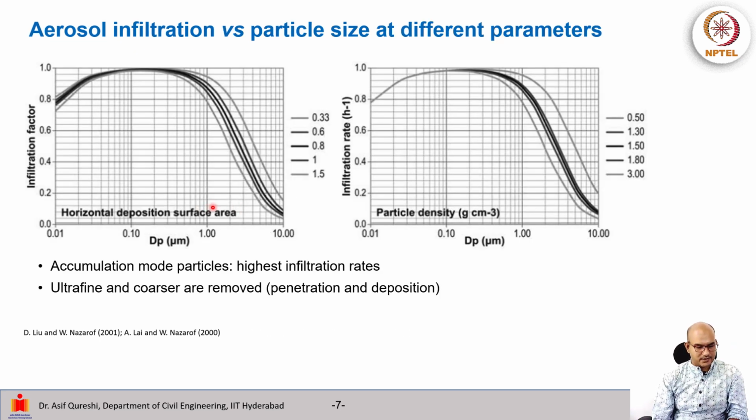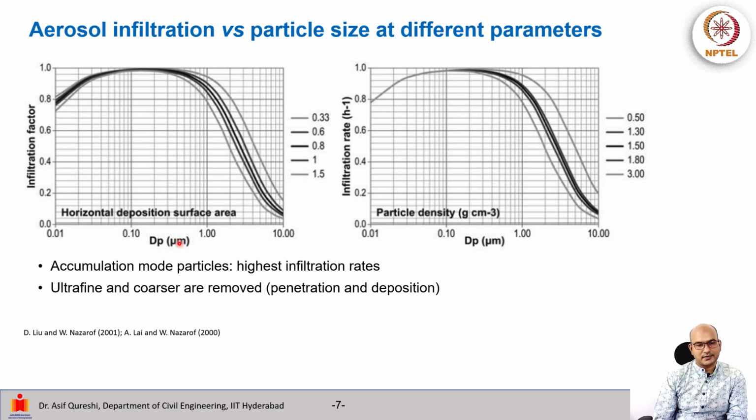We can see this further in this figure: aerosol infiltration versus particle size at different parameters. Here we have the infiltration factor, how much infiltration is happening from outside to inside, where 1 means 100% infiltration.